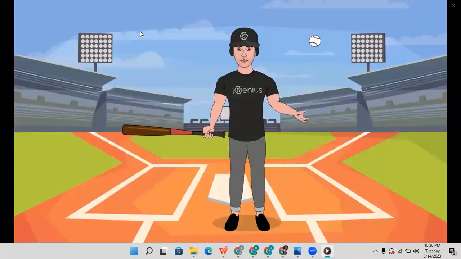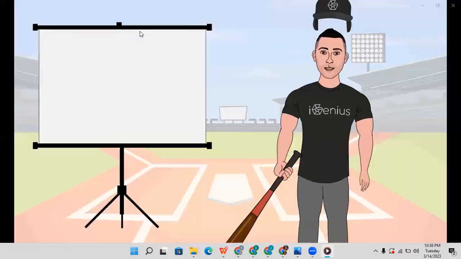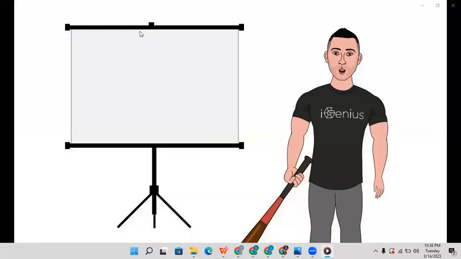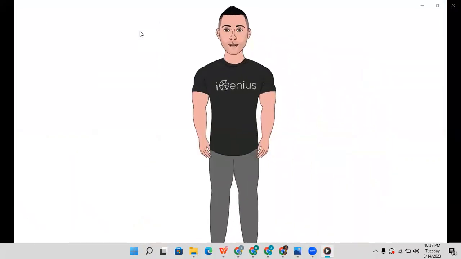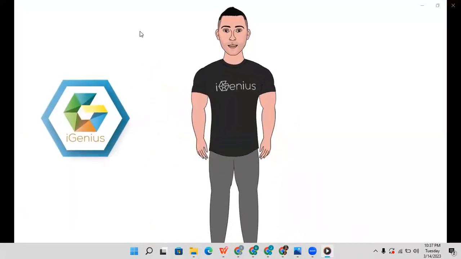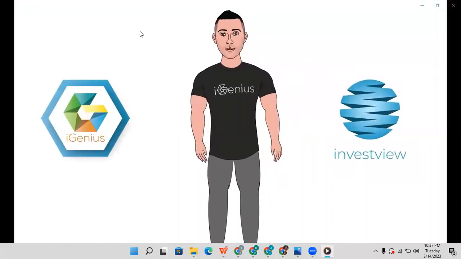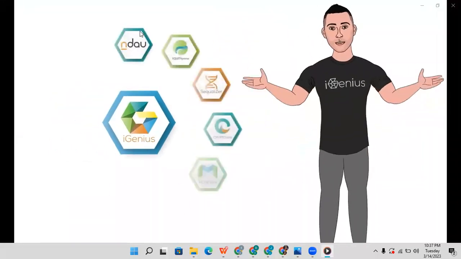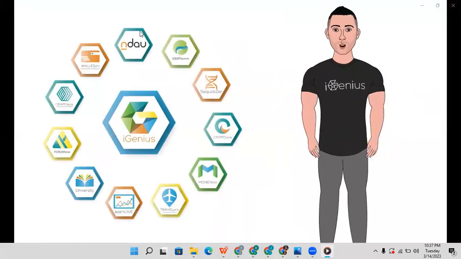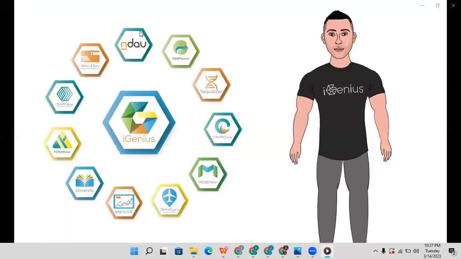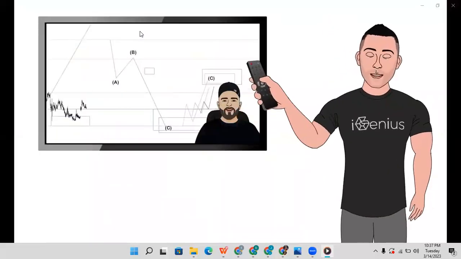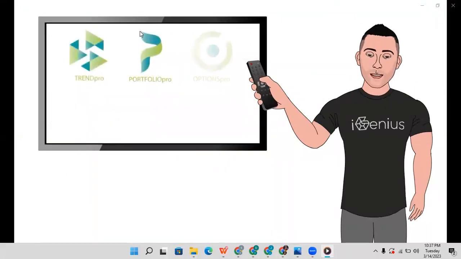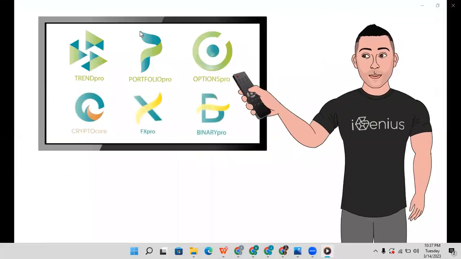And everyday people like you can knock it out of the park, just like the heavy hitters on Wall Street do, if you're willing to embrace new technologies, learn new skills, and adopt new ways of thinking. And that's where iGenius comes in. As a subsidiary of InvestView, a publicly traded company, we provide you with the financial tools, information, and education you need to take control of your financial future. iGenius members get access to knowledgeable market experts through live and recorded online training sessions, and a complete suite of tools to help you start investing in the Forex, crypto, and equities markets.